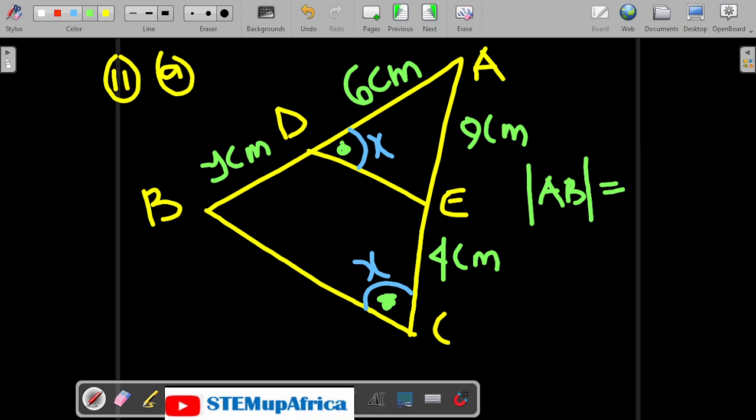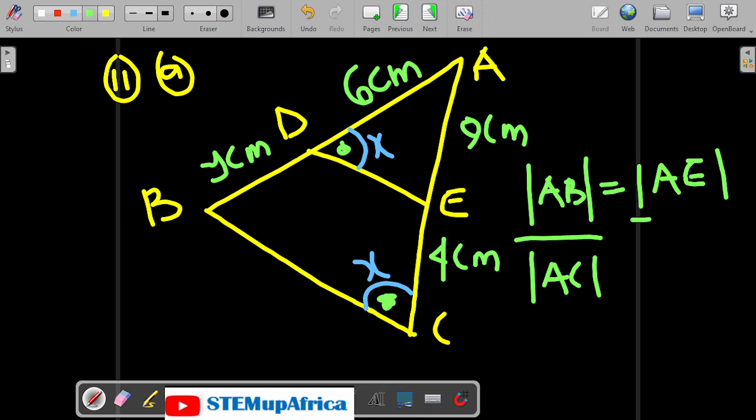The second one, ADE, is looking at AE, so it's similar to AE. Then the opposite side of that X now is AC. So the opposite side of AB is AC. Then the opposite side of AE is AD. So this is the relationship between the two triangles.